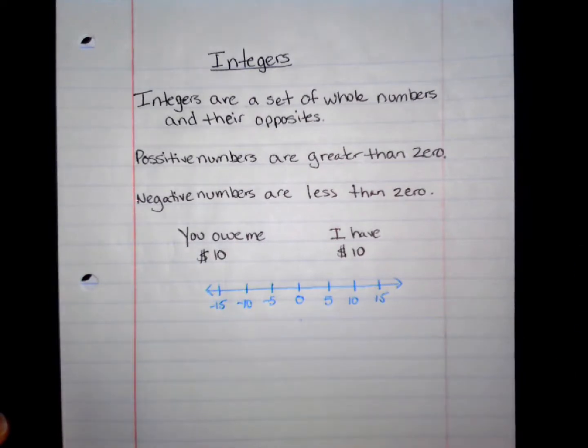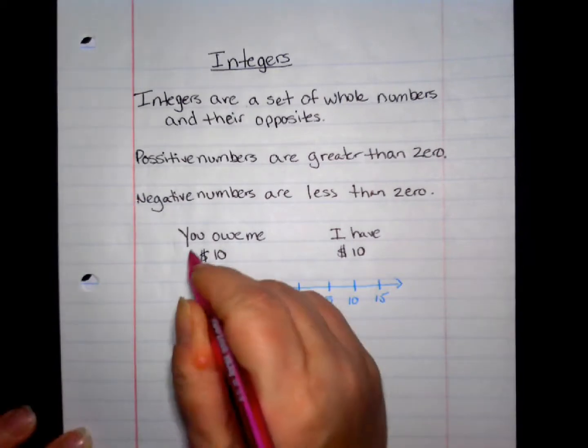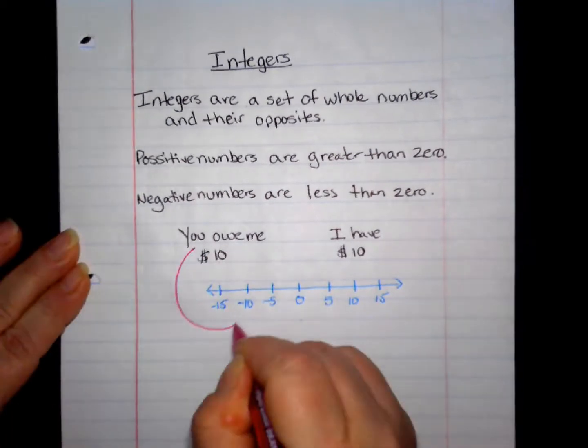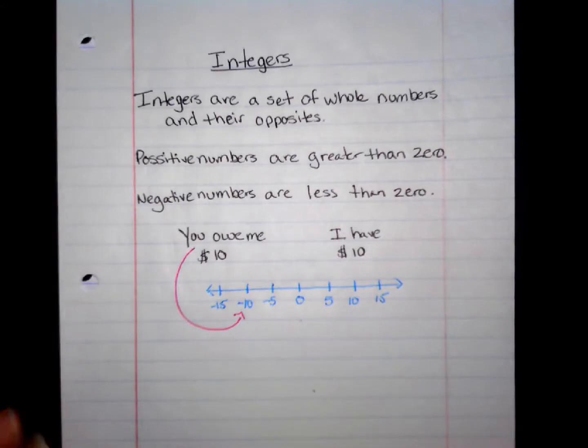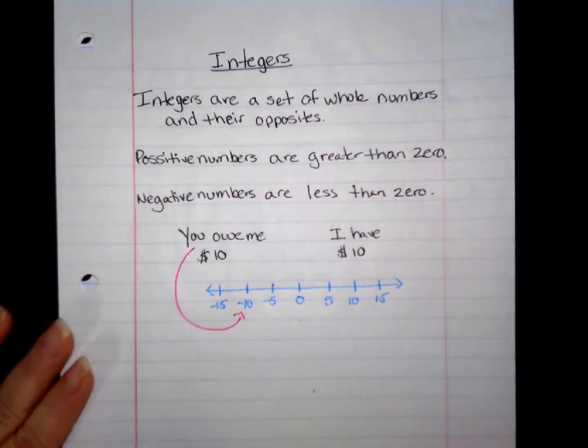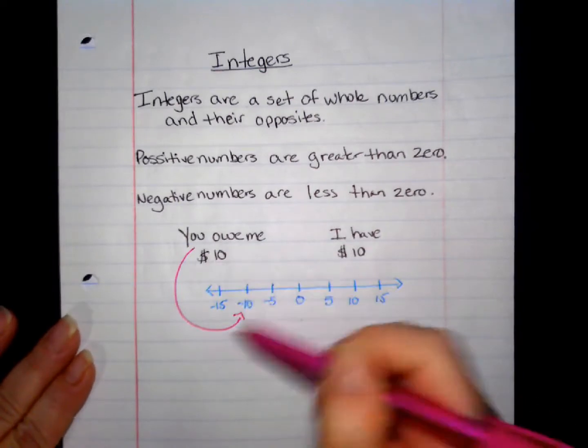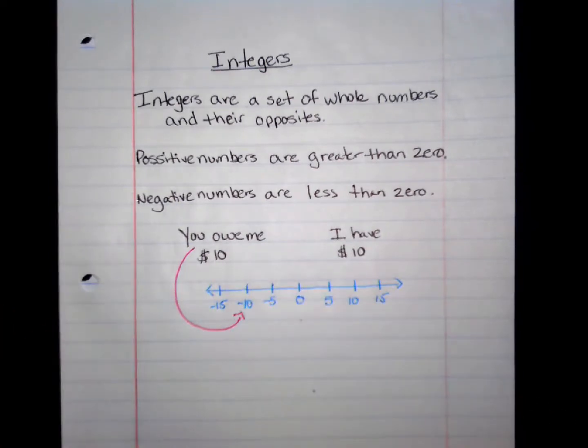So if you owe me $10, we're talking about a -$10. And if I have $10, so you owe me $10, that means that's $10 I don't have in my wallet. It was taken away, negative.